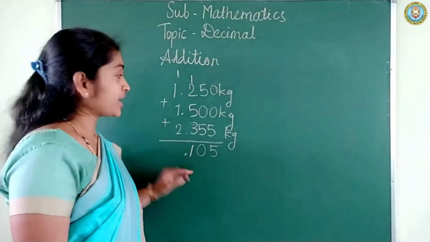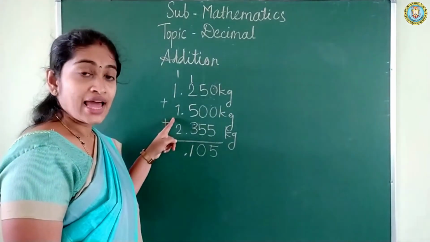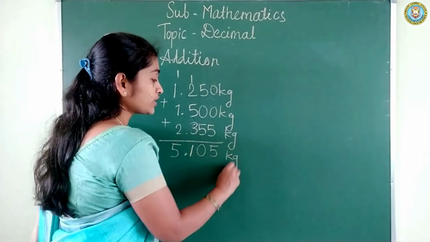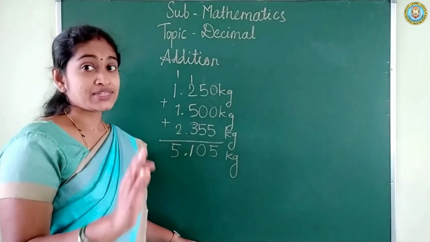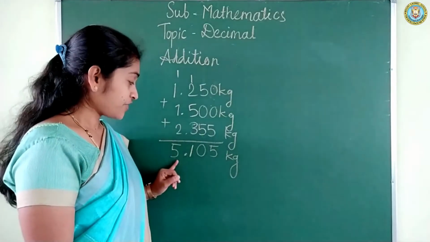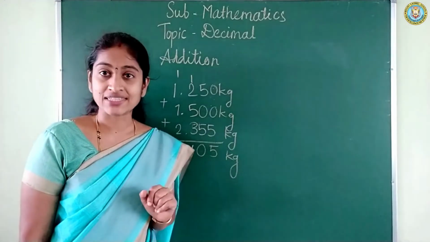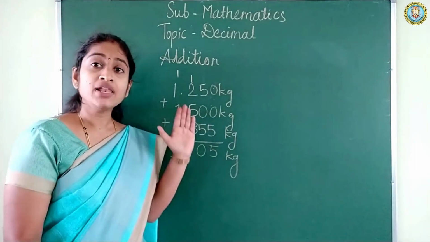Okay. Then 1 plus 1, 2. 2 plus 1, 3. And 3 plus 2, that is 5. So, in total, the weight of the watermelon, the 3 pieces, is 5.105 kgs. Okay, my dear students, this is about addition of decimal numbers.